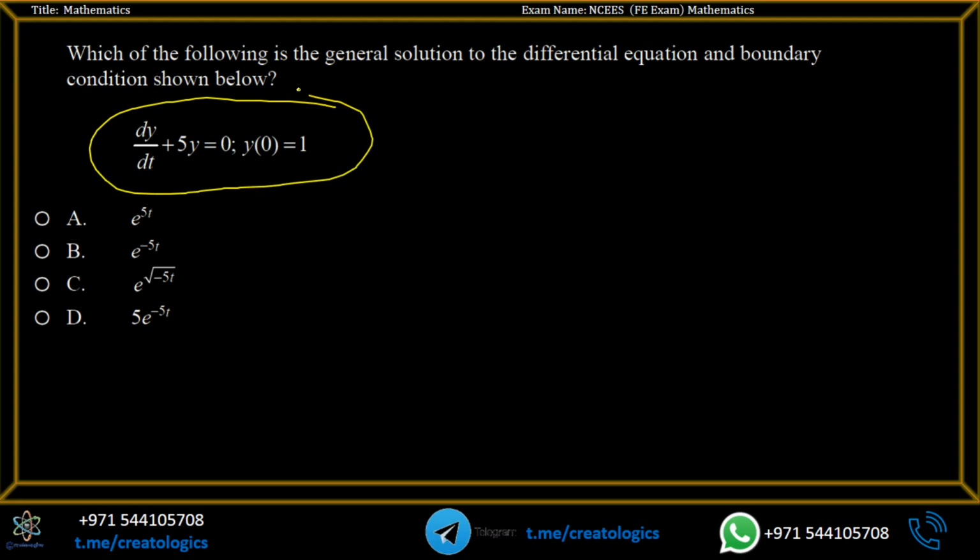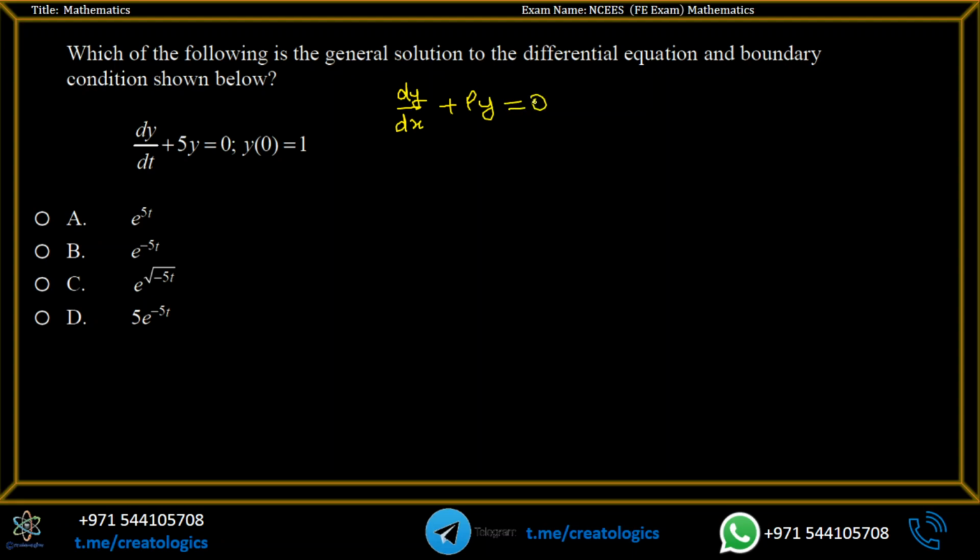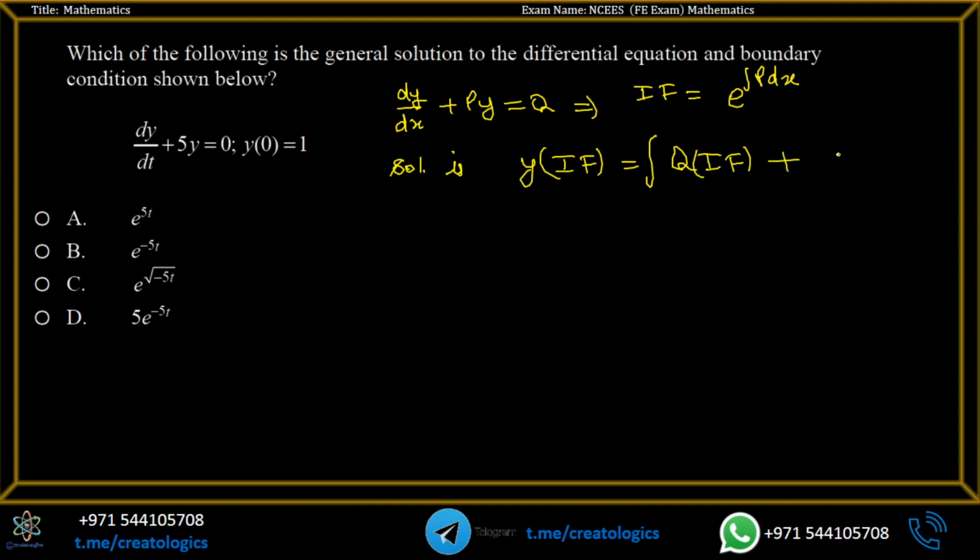If you know the result for how to solve a linear differential equation of the form dy by dx plus py is equal to q, you first find the integrating factor, which is given by e raised to the integral p dx, and the solution is given by y times integrating factor is equal to integral of q times integrating factor plus c, where c is the constant of integration.